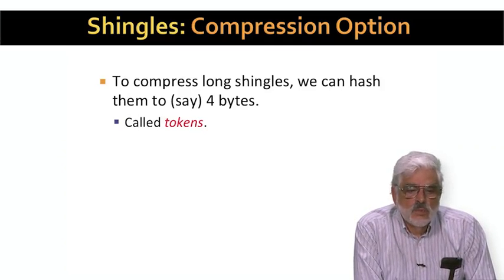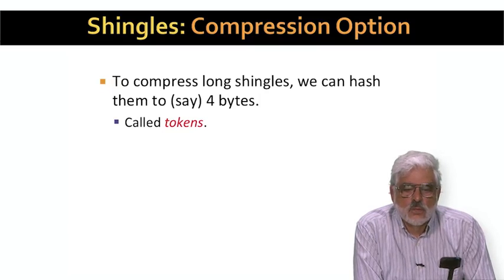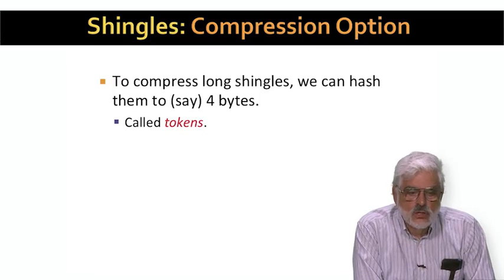Thus, it is common to compress shingles to save space while still preserving the property that most shingles do not appear in a given document. For example, we can hash strings of length 10 to 32 bits or 4 bytes, thus saving 60% of the space that is needed to store the shingle sets.